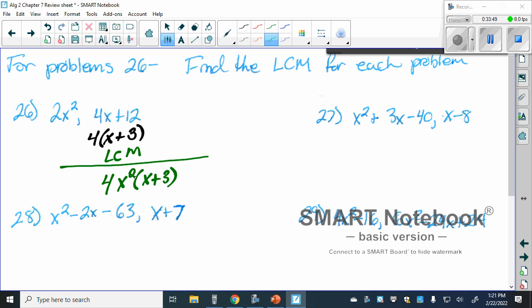Because it works out that 4 is the smallest number I can turn both 2 and 4 into. So it would be the least common multiple for 2 and 4. Since the first term has x squared, we would also need it. And that's actually all we would need to do for this here. Any questions on this here?